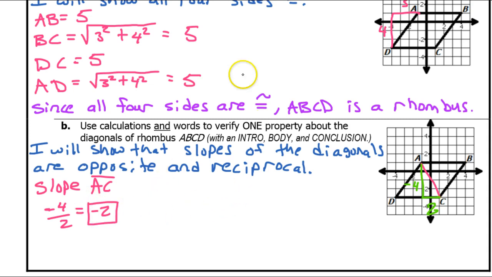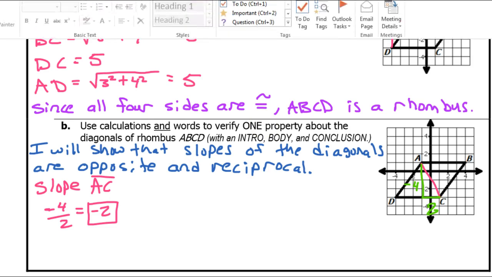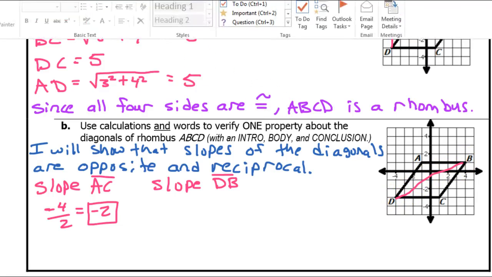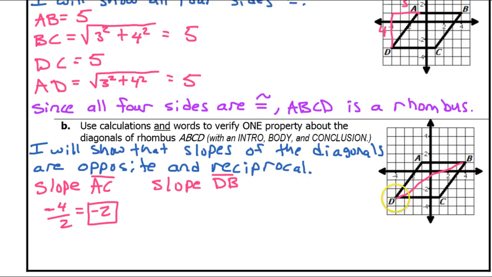Alright, now let's talk about the slope of the other diagonal, which is DB. Okay, so here's DB. Now let's talk about the rise and run. From D to B, I would have to go like this.